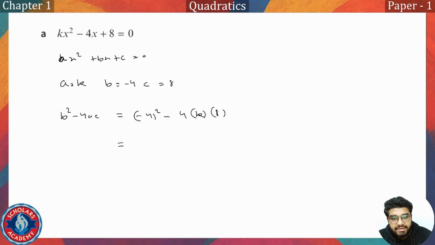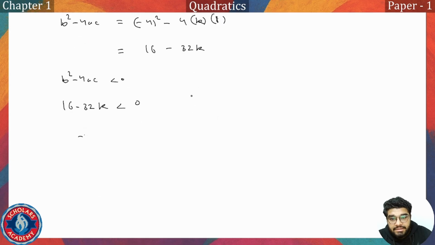Simplifying it, we get 16 minus 32k. So b square minus 4ac should be less than 0 for no real roots. So we write it as 16 minus 32k should be less than 0.